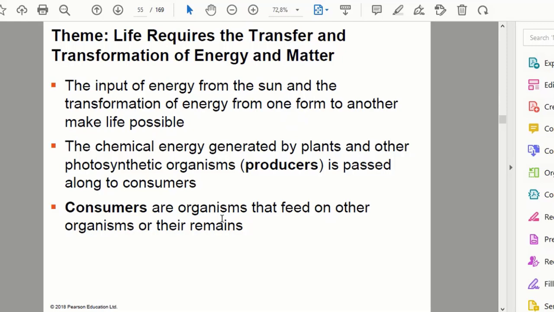So that's where this chemical energy, which is generated by plants and other photosynthetic organisms, which are producers, is passed on or converted, and therefore these consumers, which are defined as such, feed on other organisms.